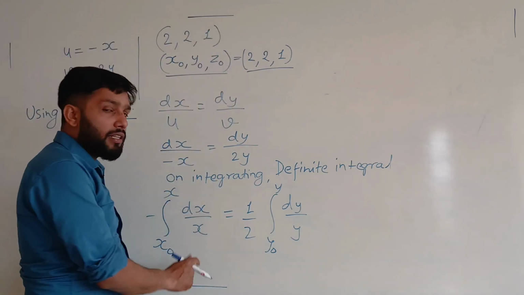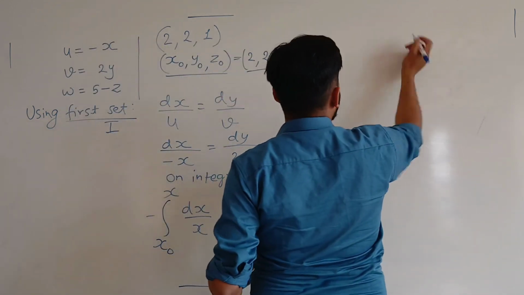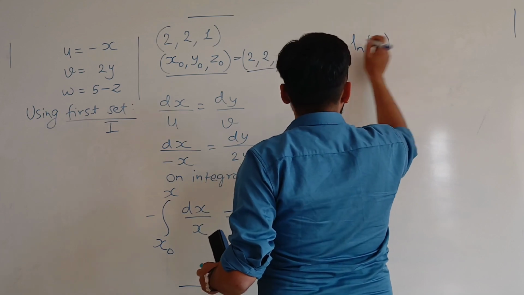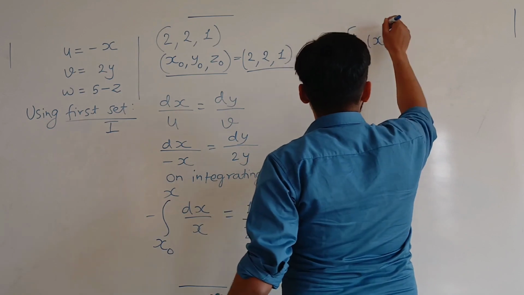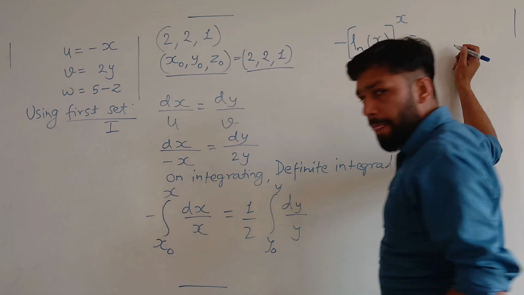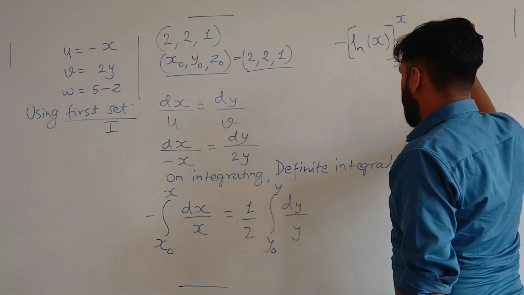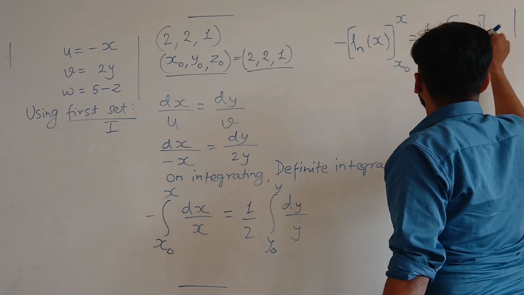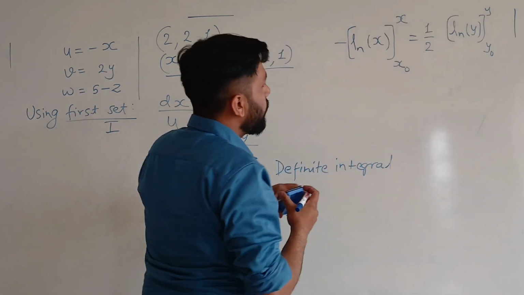Now let's do the integration. Integration of dx divided by x is ln x. So ln x from x naught to x, minus, is equal to 1 divided by 2 ln y from y naught to y.